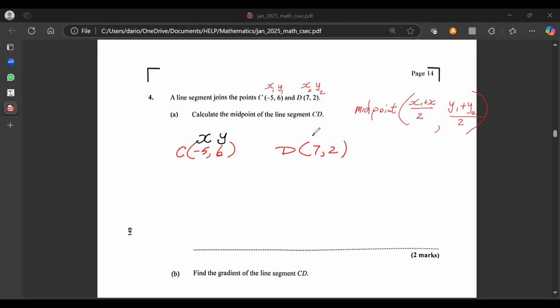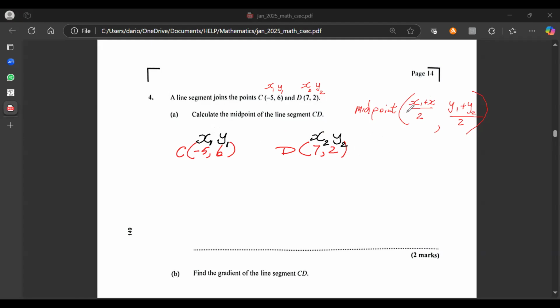Same thing for point D, X and Y. Because we have 2 points, we're going to call the first one X1, Y1, and the other one X2, Y2. We cannot call it X1, Y2. So don't even think of that, right? This is 1 and 1 alone, but this one is 2 and 2 alone, all right?